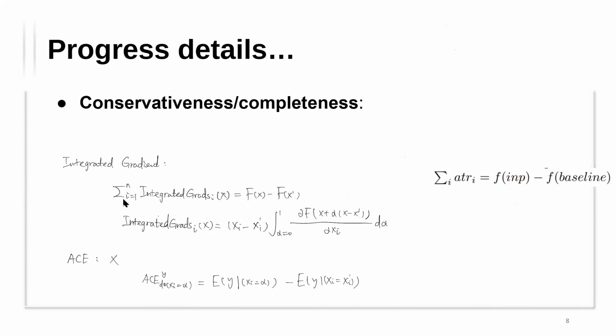Okay. I think it's weird because for the average causal effect, the author said they do not conform to the conservativeness property, but from this equation, I think it did conform to this property.